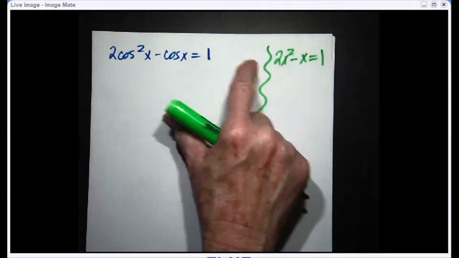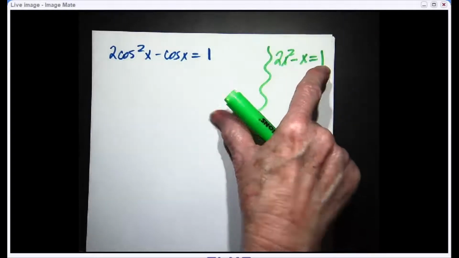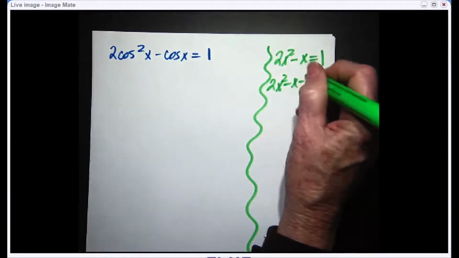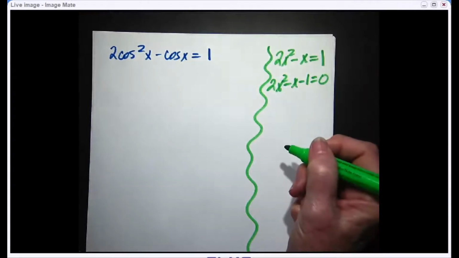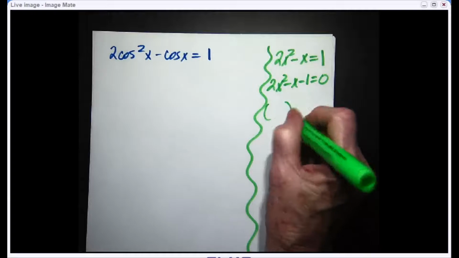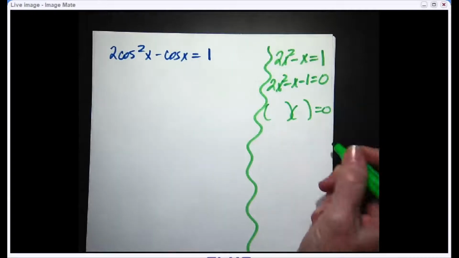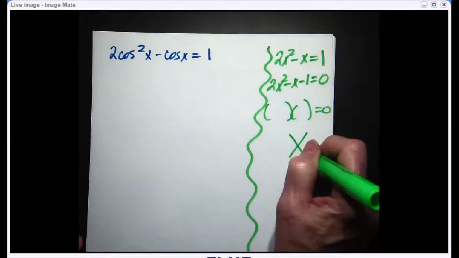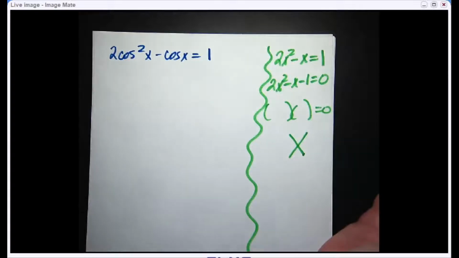We know that anytime something's quadratic, it needs to equal 0. So 2x squared minus x minus 1 equals 0. And then somehow you do your factoring, whatever method you choose, I don't really care. However you factor, I can do the same.